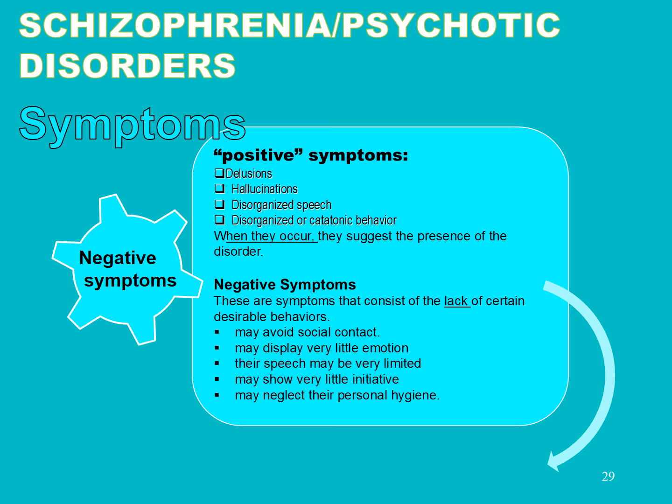They are symptoms that consist of a lack of a certain desirable behavior. For example, people with schizophrenia may avoid social contact. They may display very little emotion, their speech may be very limited, or they may show very limited or little initiative. They also may neglect their personal hygiene.